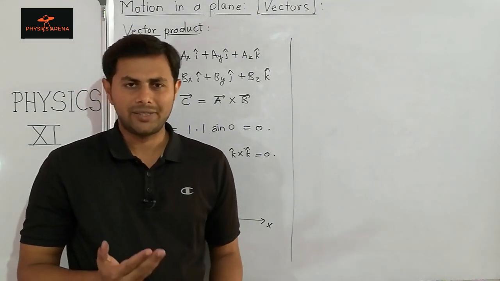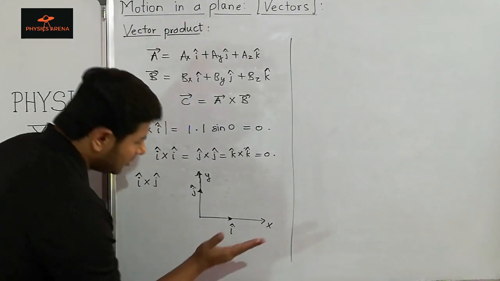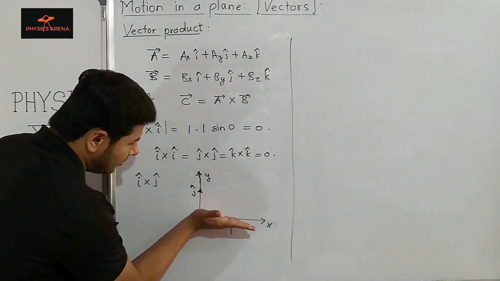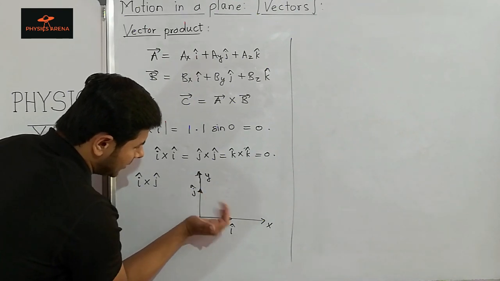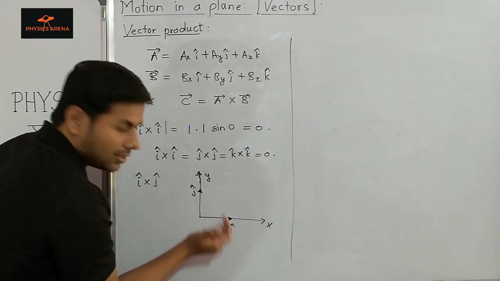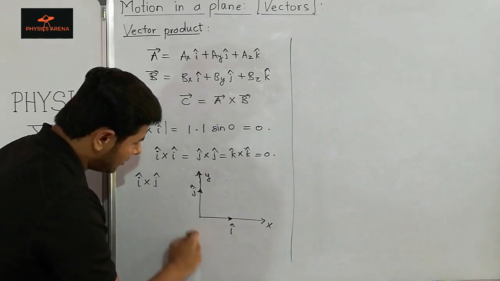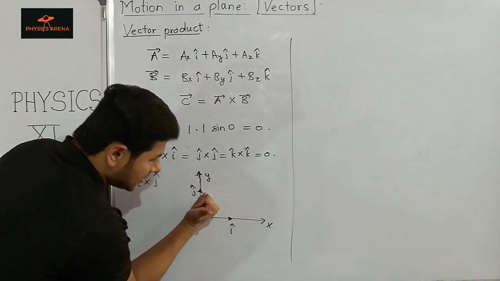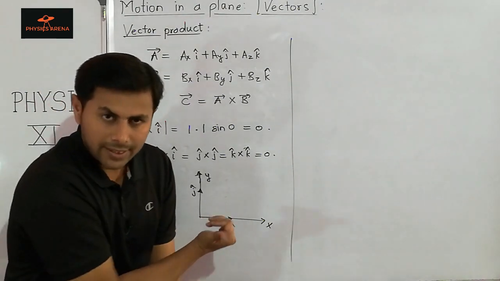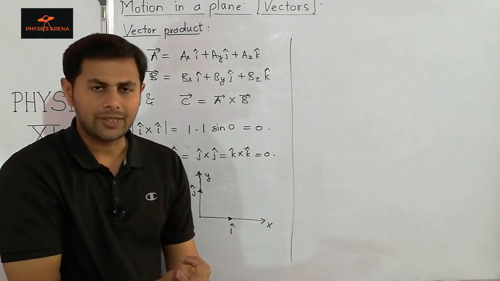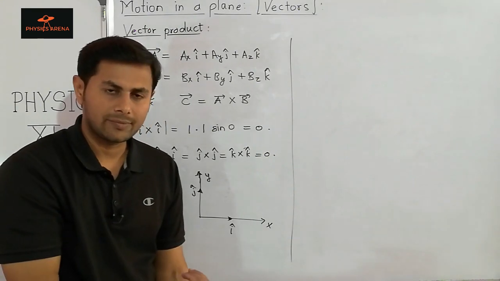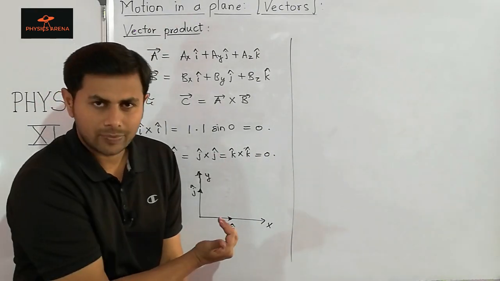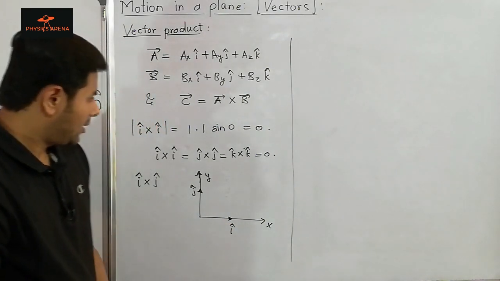So let's use right hand thumb rule or right hand rule. So we keep our right hand in direction of this I cap, curl our fingers towards the J cap through the smallest angle. This is the smallest angle, this is large angle. So we curl our fingers and stretch the thumb. So stretched thumb gives the direction of Z axis. It is perpendicular to X as well as Y. So this is positive Z axis.